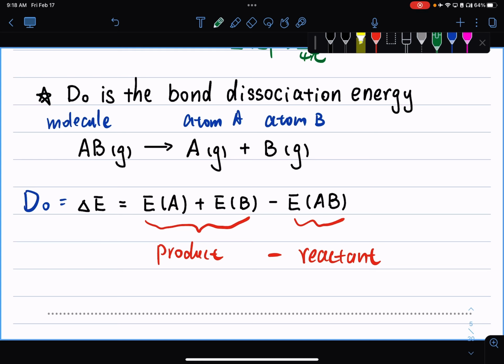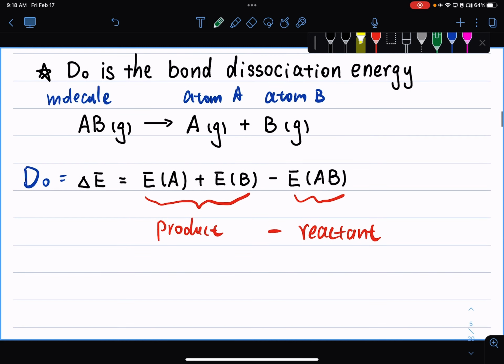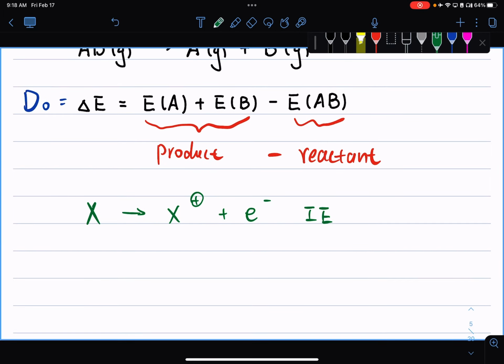Before we move on, I want to quickly ask you about the same concept. Let's apply it to an old terminology, the ionization energy. Imagine we have an atom X, and it's being ionized to form a cation and the electron itself. So that's the definition of an ionization energy. How do we write that ionization energy using the same logic here? It's the same idea. You have a chemical transformation from reactant to product.